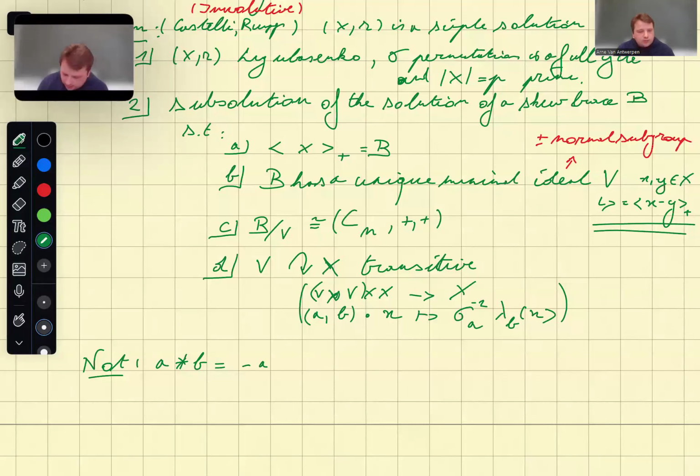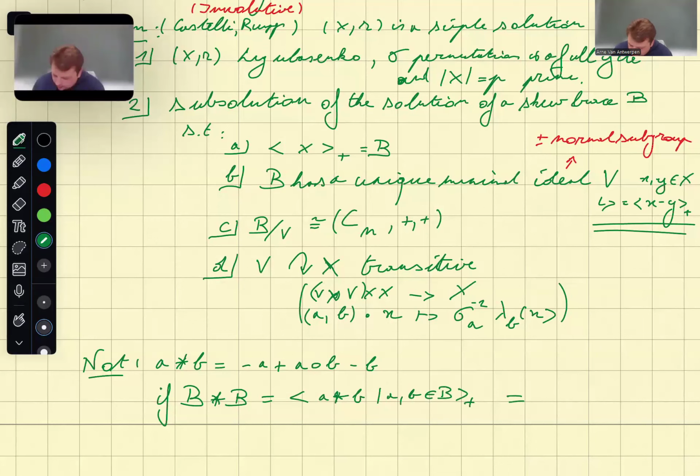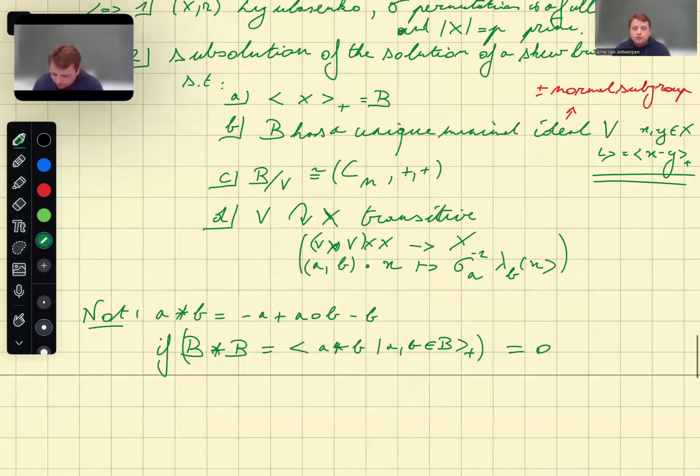So what this measures is in some way the defect of both operations being the same, right? B star B, I will maybe write that, is the additive group generated by the elements of the form a star b.